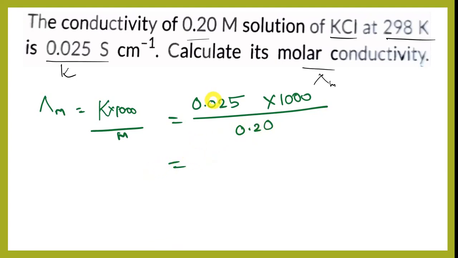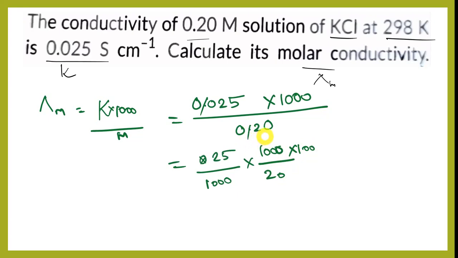To make the simplification and cut down the zeros, we can write this term as 25 by 1000 into 1000, and write it as by 20 into 100, right? So these two decimals cut off, and we can cancel 1000 here.